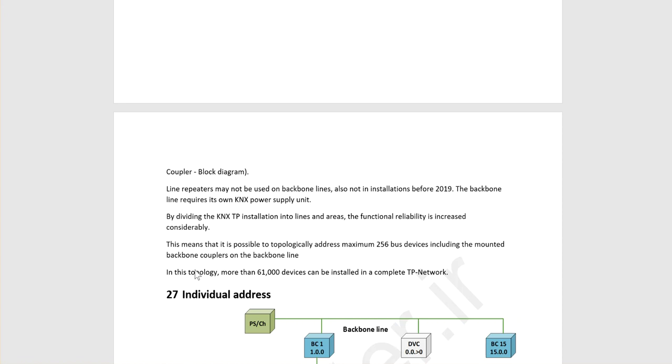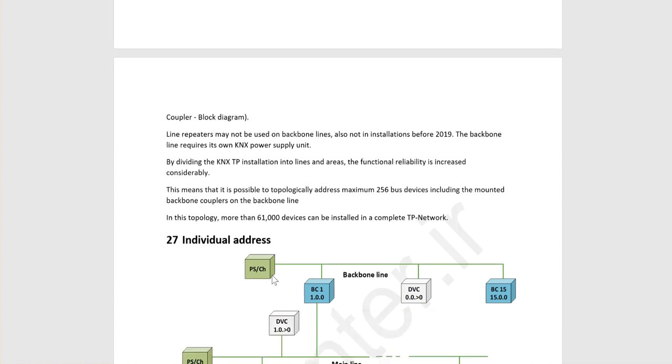In this classical topology, it is possible to install more than 61,000 devices in a TP network. Of course, it's theoretical, and in reality, nowadays, for example, you have 24-output actuators, you have a touch panel that can send hundreds of telegrams. So you should consider the traffic of the data.